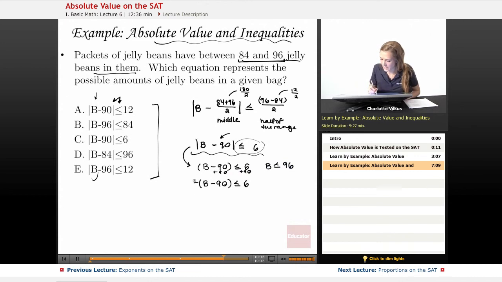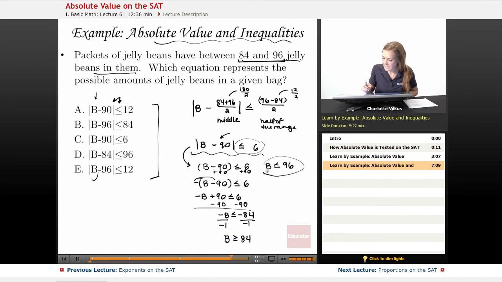For this one, I have to multiply out the negative 1, so negative b plus 90 is less than or equal to 6. Here I can subtract 90 from both sides, and I'm going to get that negative b is less than or equal to negative 84. And then when I divide both sides by negative 1 to get just b, I'm going to have to flip the sign, so I get b is greater than or equal to 84.